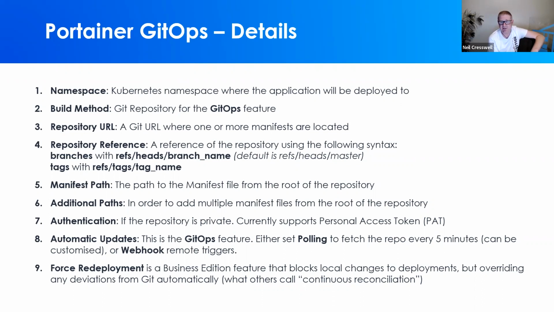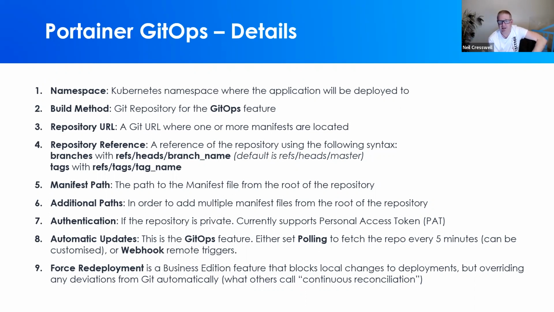So automatic updates. We by default do a loop every 5 minutes. So every 5 minutes, we'll go check for changes. Now you can make that shorter or longer, but by default, it's 5 minutes. There's also a button for those of you like me that are impatient. You can push to say check now, and it'll just go check now. So it'll poll. We also wanted to add the ability to have a push.